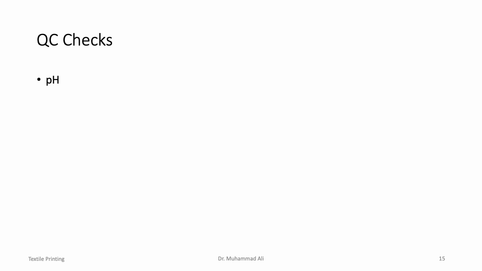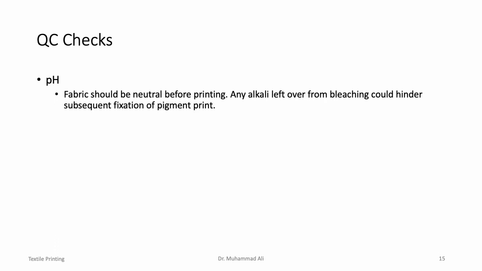Another very important preparatory requirement is to control the pH of the fabric before printing. Ideally, you would like to print on a fabric that has a neutral pH. If there is any alkali, for example, left over from the prior bleaching process, then it can result in all sorts of unwanted interactions with the printing inks and the printing process.